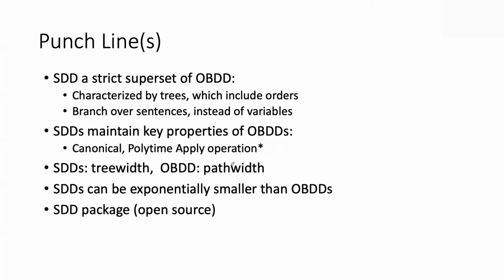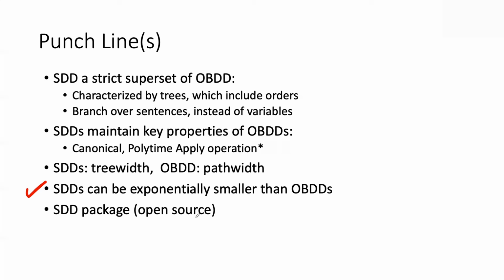So that's another way of looking at an advantage that one gets. But this is the key thing here, is that they are exponentially separated, and SDDs can be exponentially more succinct than OBDDs. Later, I'll give you a pointer to an open source SDD package that was released by my group.